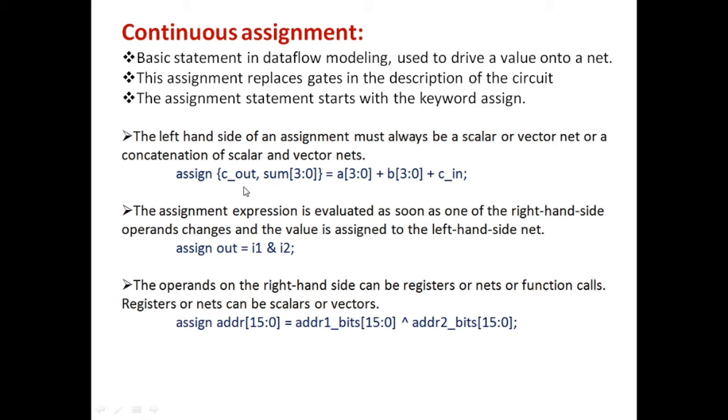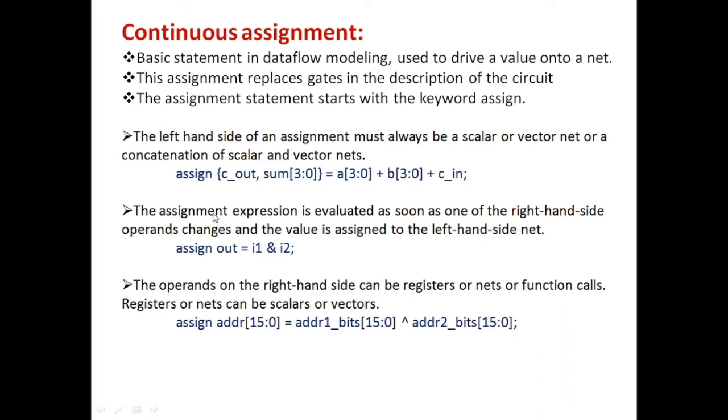Combining a scalar and a vector, or many scalars or many vectors, is nothing but concatenating. We use the word concatenation. This instruction is performing the definition for a 1 bit full adder.